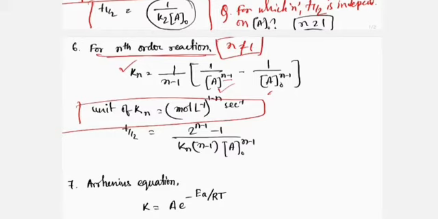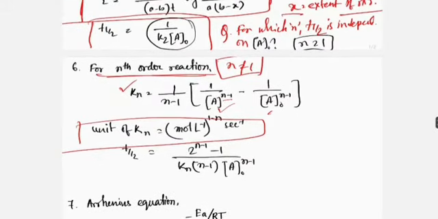How, I will tell you. n is a number which is not equal to 1, so n is coming before 1, so the concentration at time t will come before the concentration at time 0, that is initial concentration. So the formula you can write as Kn equals 1 by n minus 1.